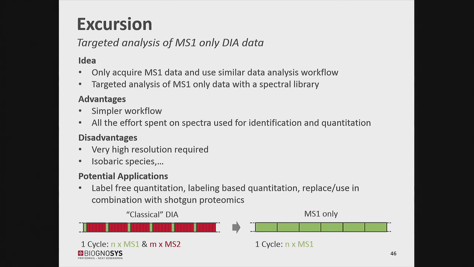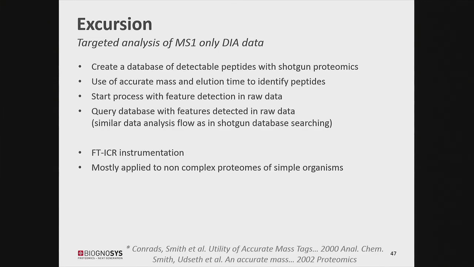So a comparison of the methods. In a normal DIA method, you make MS1 and MS2. For MS1 only, you would only make MS1 spectra. This has been published before, although not with a targeted analysis. The Smith Lab has a lot of publications going back to 2000, actually. So already 15 years ago, they did such approaches on a FT-ICR instrument.